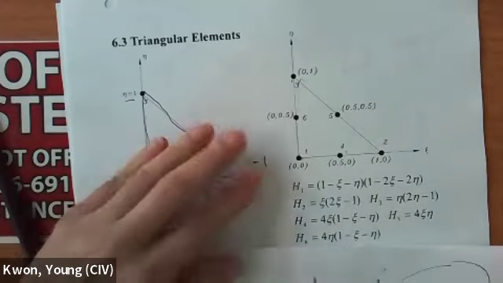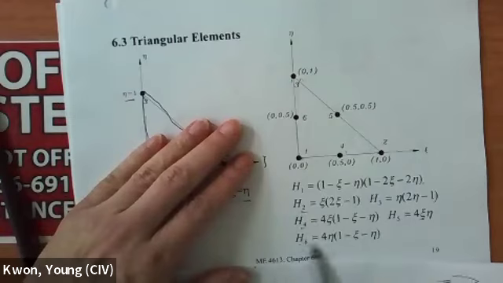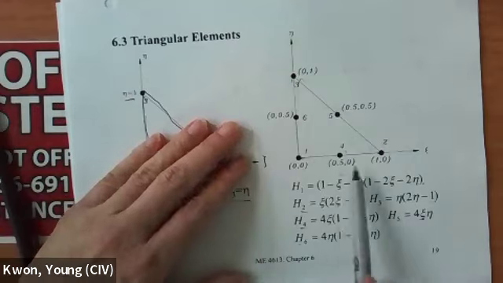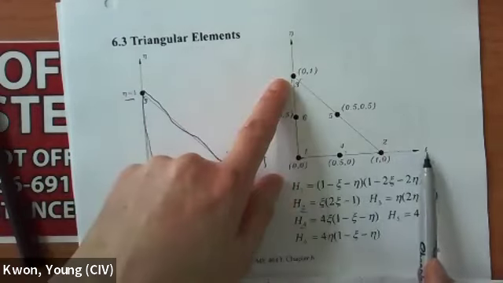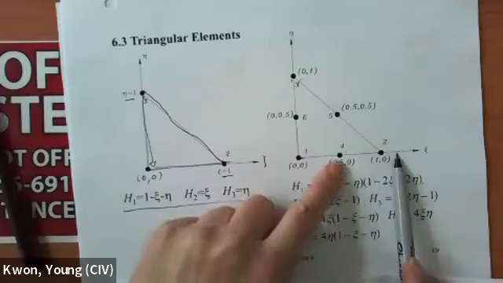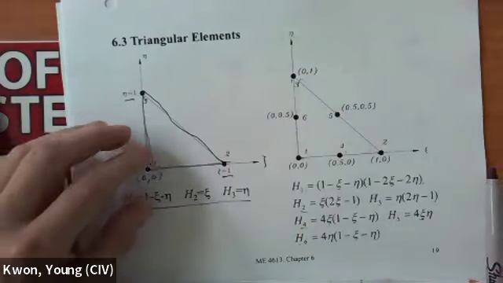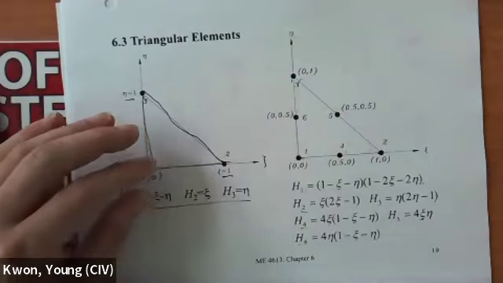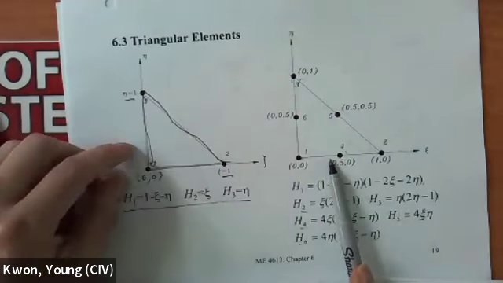The shape function is given in here, defined in terms of the xi and eta coordinate system, and the rest of it is going to be in the middle. Now, one thing you also have to pay attention to in this element.